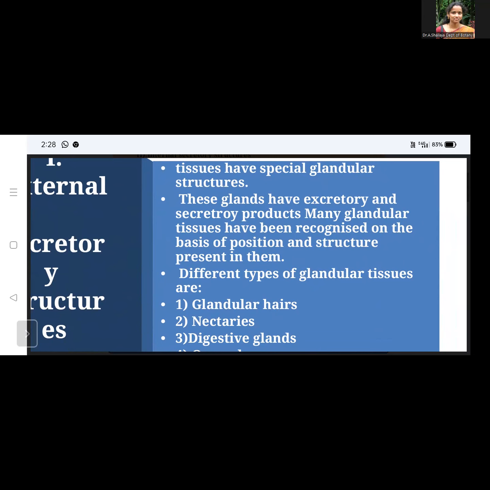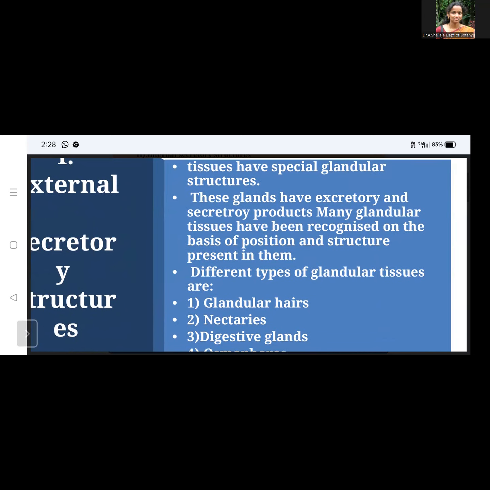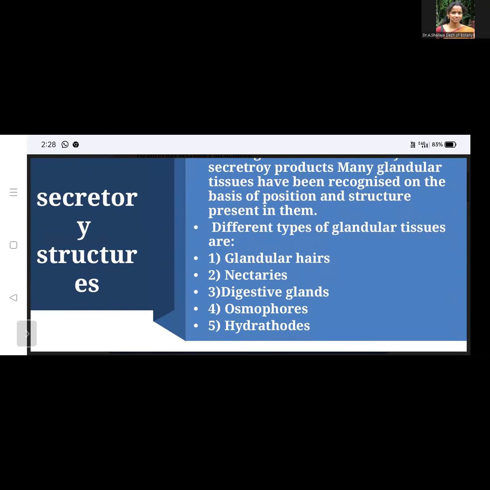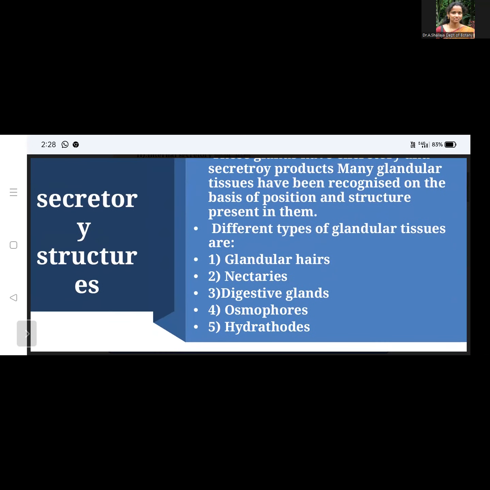These glandular tissues or external secretory structures may be of different types: glandular hairs, nectaries, digestive glands, osmophores, and the last one is the hydathodes.